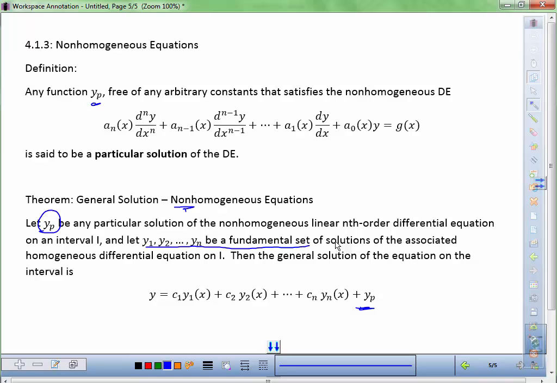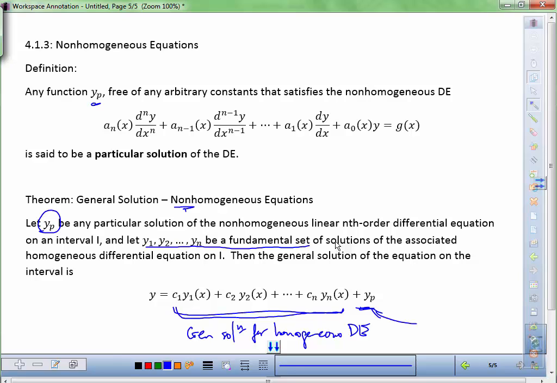So, yeah, you treat part of it like this is a general solution for a homogeneous, and then you just add on a particular solution, and then you have the general solution now.